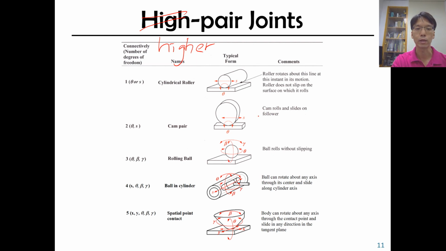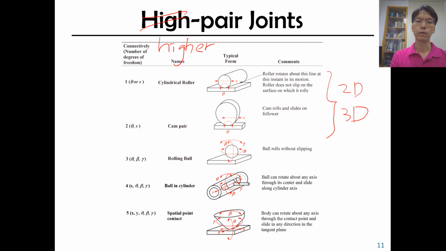The second one is a cam pair. A cam pair is similar to the cylindrical roller, but it allows sliding. So you can slide and you can rotate. There are 2 degrees of freedom. These two can happen in both 2D and 3D cases; you will be able to see them in both 3D and 2D mechanisms.